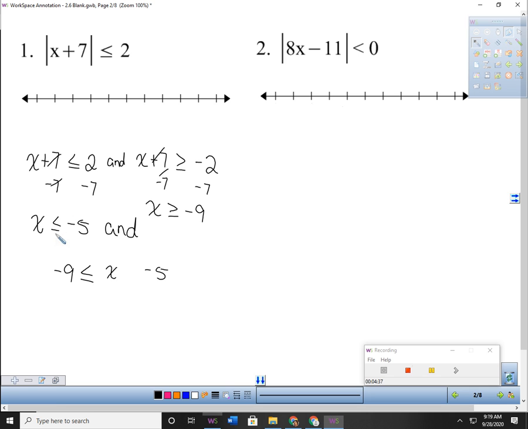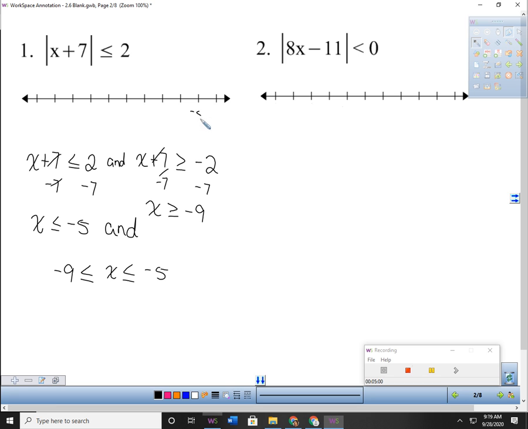If you're pointing at the x on this side with the negative 5, you should still be pointing at the x. And remember, these should be pointing this way every time. So if one of them doesn't, then either there's something wrong up here, or this is a different kind of and statement, okay?